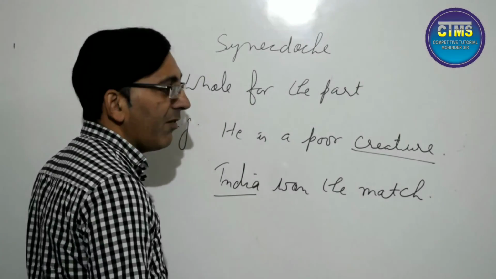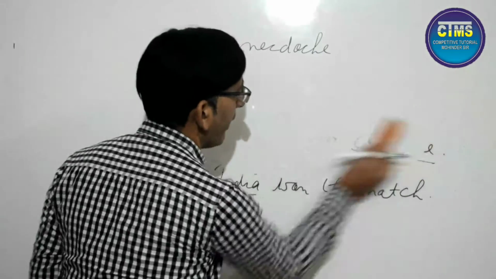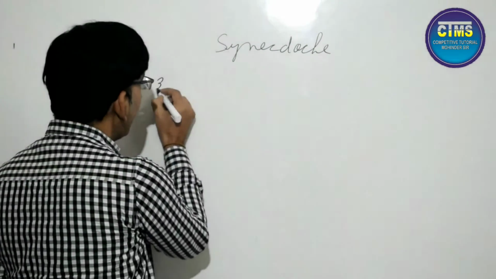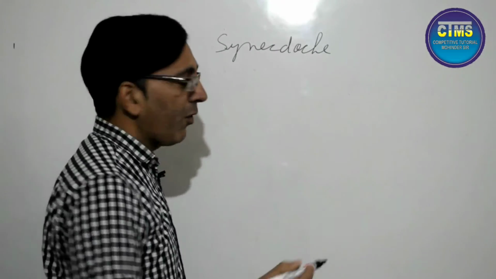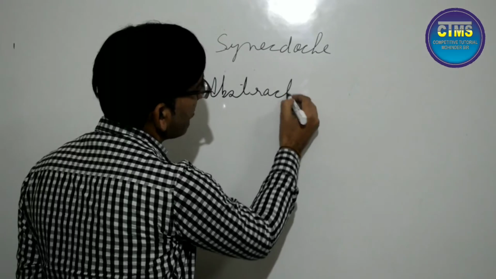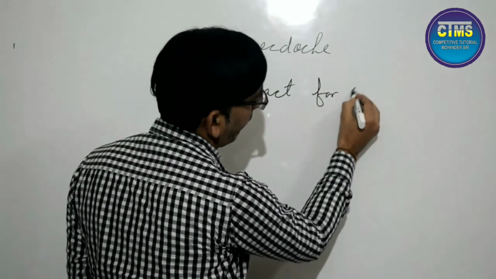Now come to the third variety, which is seldom taught to the students. And what is the third variety of Synecdoche we are going to talk about? That is abstract for the concrete. So in this variety, abstract noun is used. Abstract for the concrete.